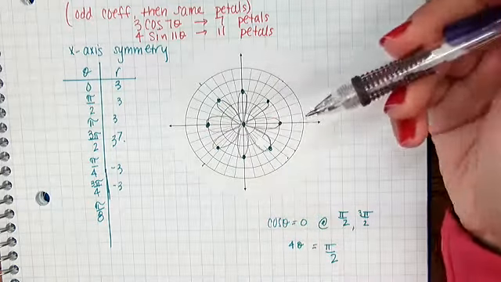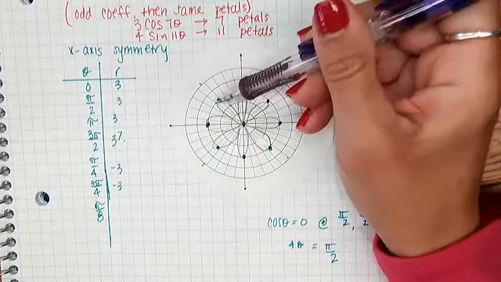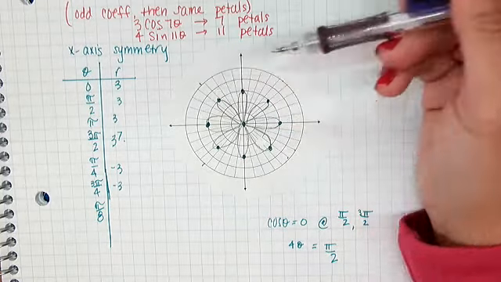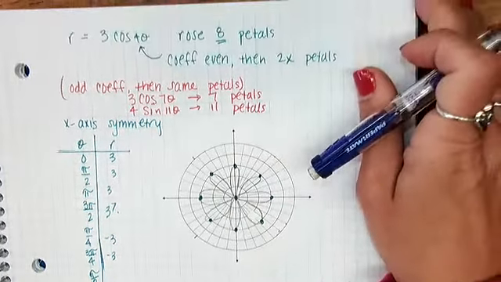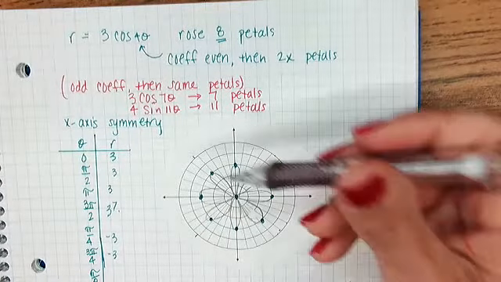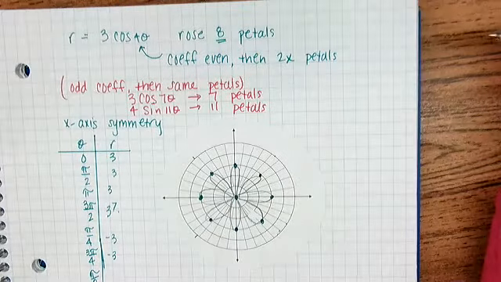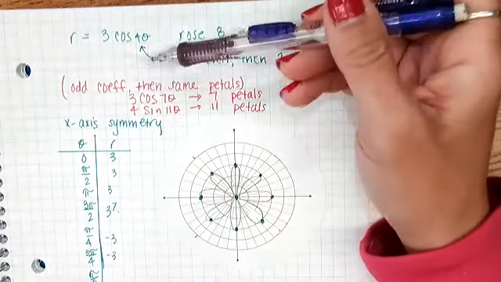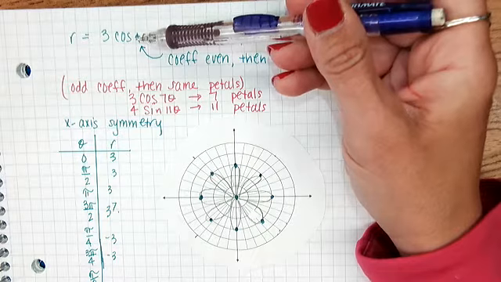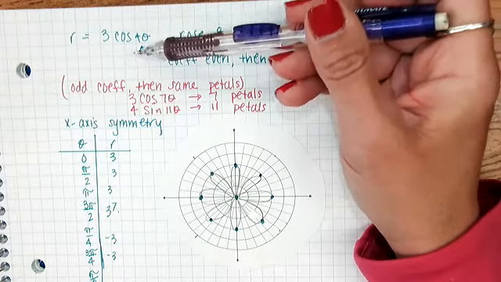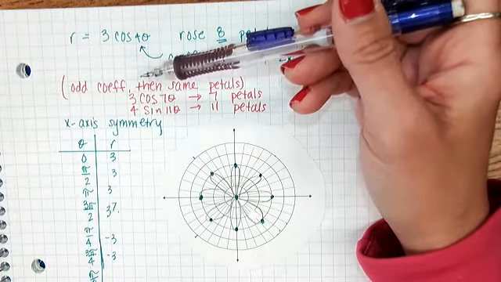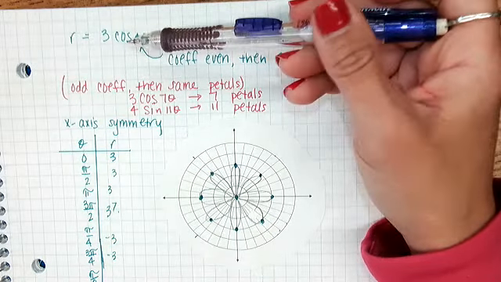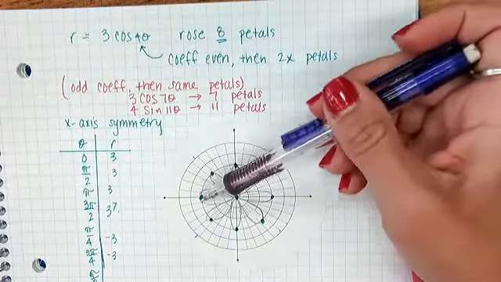So how did I know that? All right. The radius is 3, so that is going to be the tip of each petal. This is the graph, 3 cosine 4 theta. The radius is 3. That's the largest value of r that we're going to get because the largest value for the cosine is 1. Regardless of what theta is, the largest value for the cosine is going to be 1 because we're not adding or subtracting to the value. So the tip of all of these petals has to be 3.